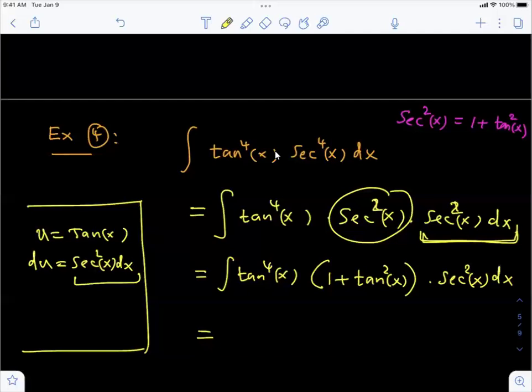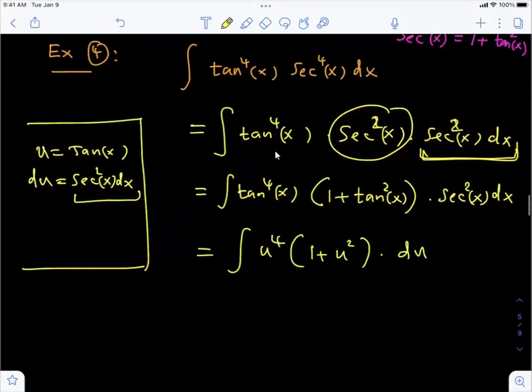Now look at this. In the next step, I'm going to convert everything to u. u to the 4 times 1 plus u square times secant square x dx, which is none other than du. So it's going to be the integral of u to the fourth du plus. Now here, if you struggle in this step, once you have this integral, how do you perform that?